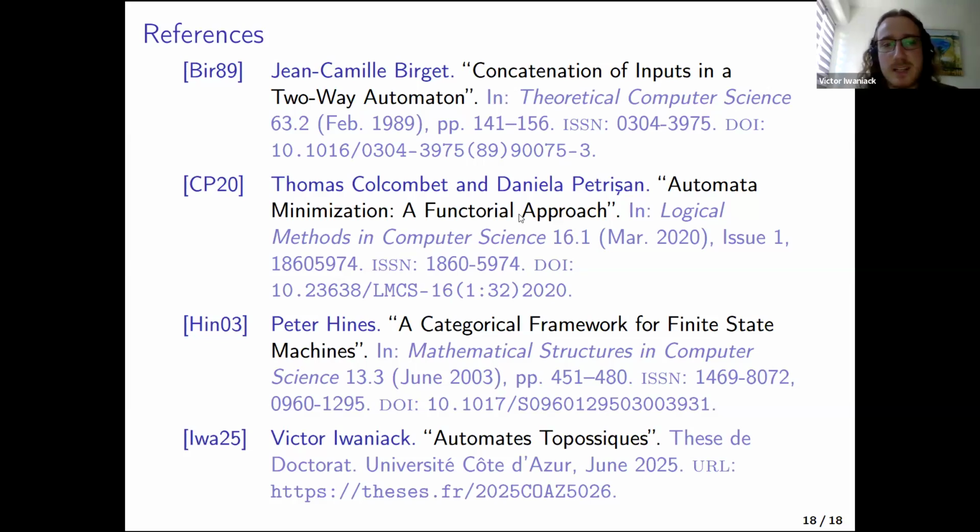And after that, with Quentin Aristote, they worked on learning algorithms for automata, like the L-star algorithm, stuff like that. But yeah, I can't say much more about that.